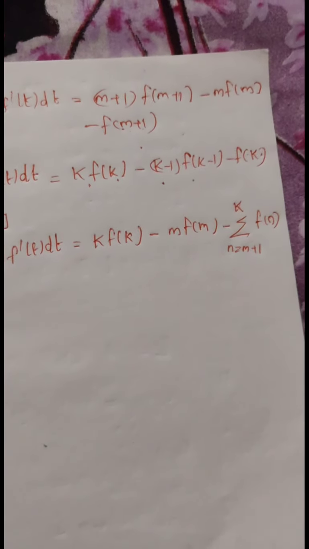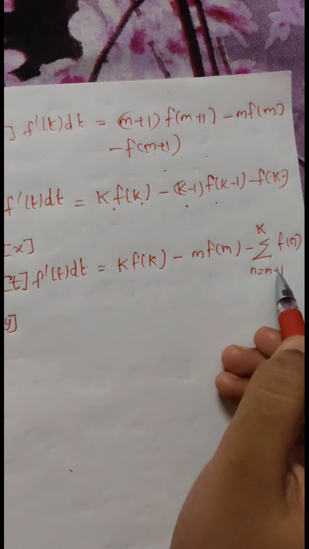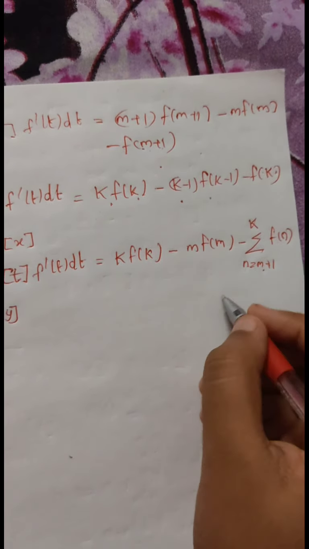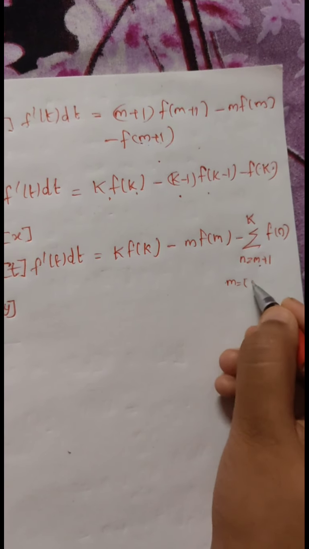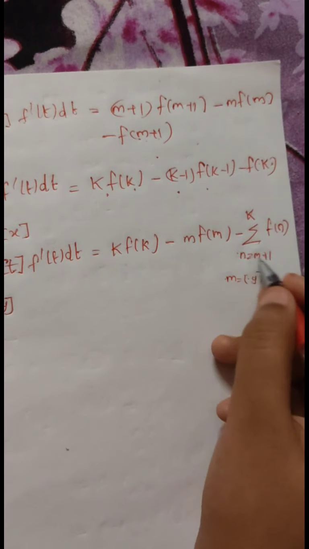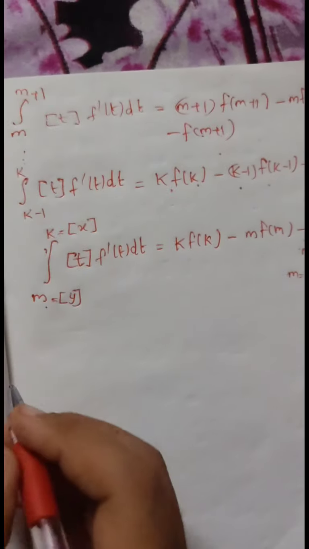So actually, what is the sum? We have m plus 1. We have m is equal to the greatest integer less than or equal to y. So what can we say about this summation? Let me write this.